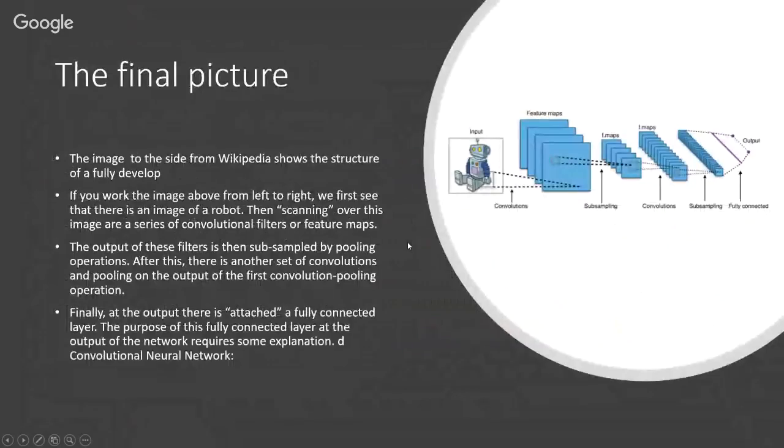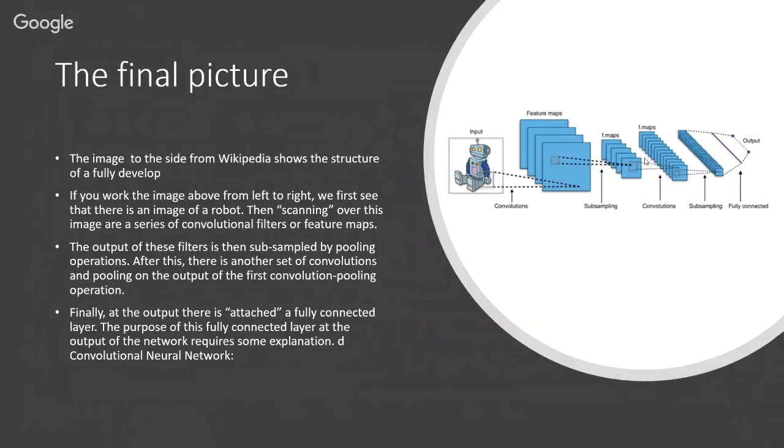The final picture. The image to the side really shows the structure of a fully developed convolutional network. If you work through the image from left to right, we see there is a robot, then scanning over the image is a series of convolutional filters or feature maps. The output of these filters is then subsampled by a pooling operation.